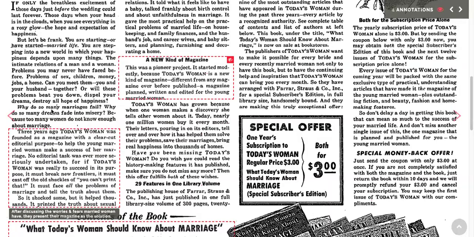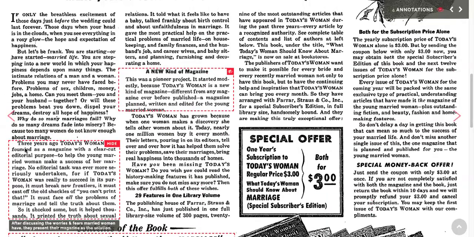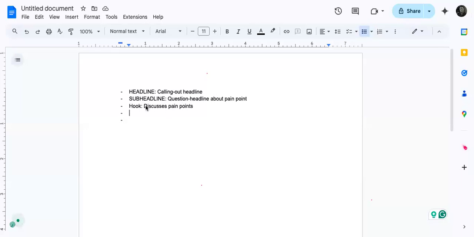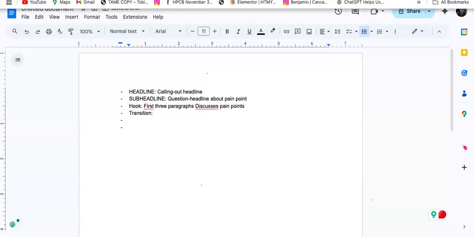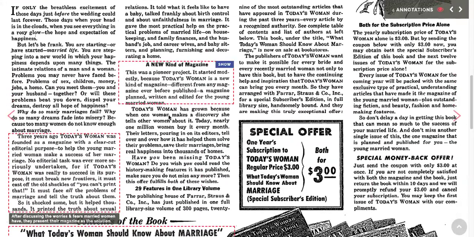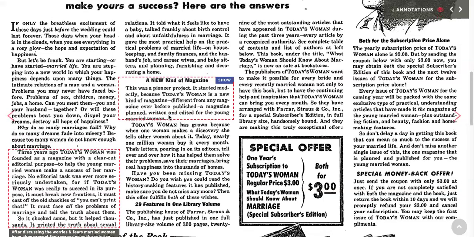All right. So we moved from here, so hook, first 3 paragraphs.